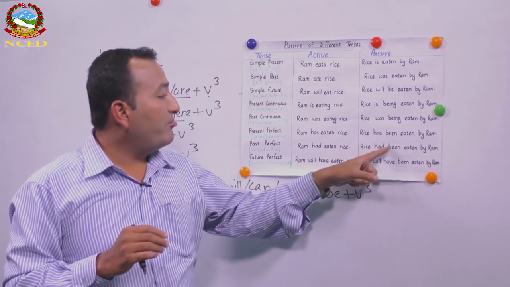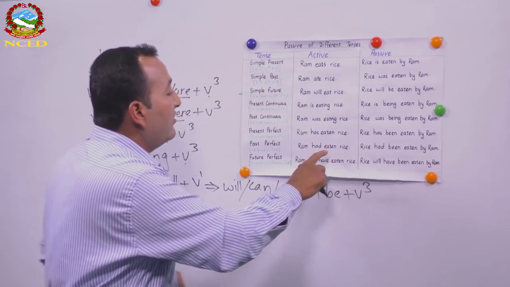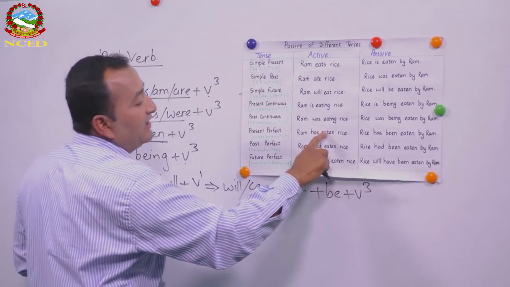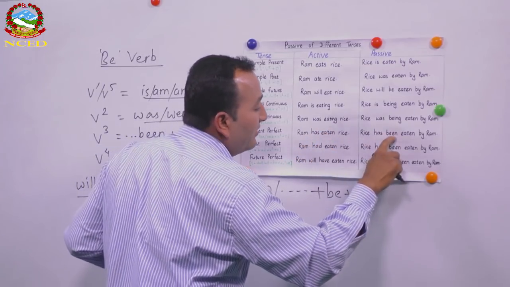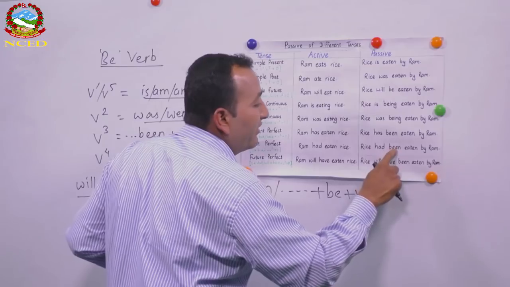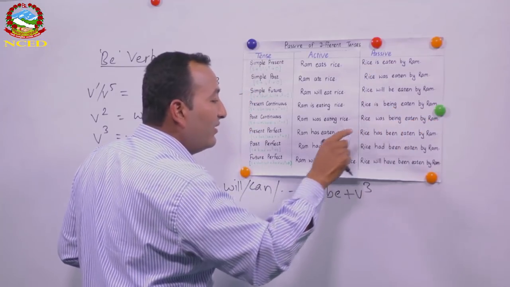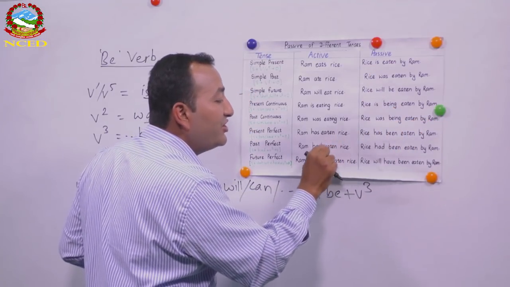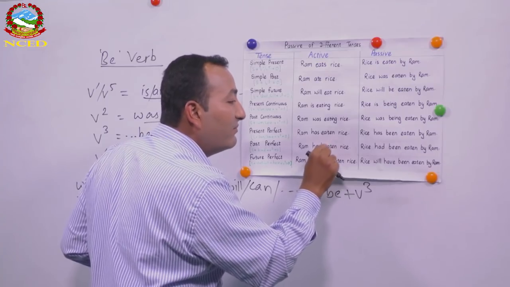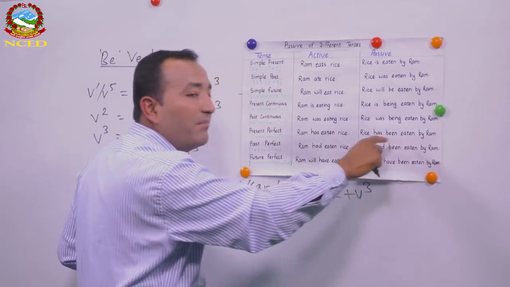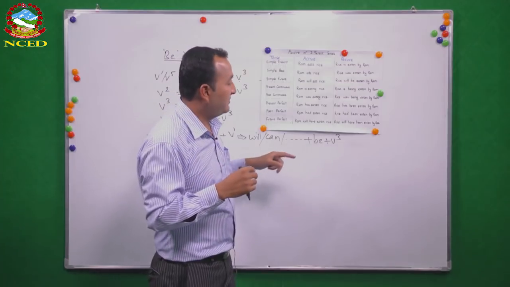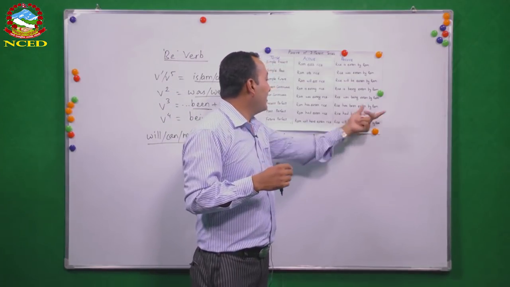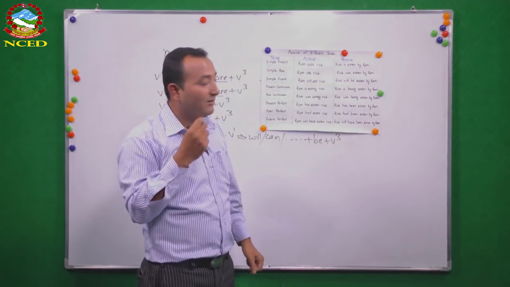And been. Why? Because there is verb 3. So we use been. Again, there is verb 3. And according to the rule, in passive voice, we always use the verb, in whatever form, as verb 3, past participle. Eaten. And by Ram is again the same rule.